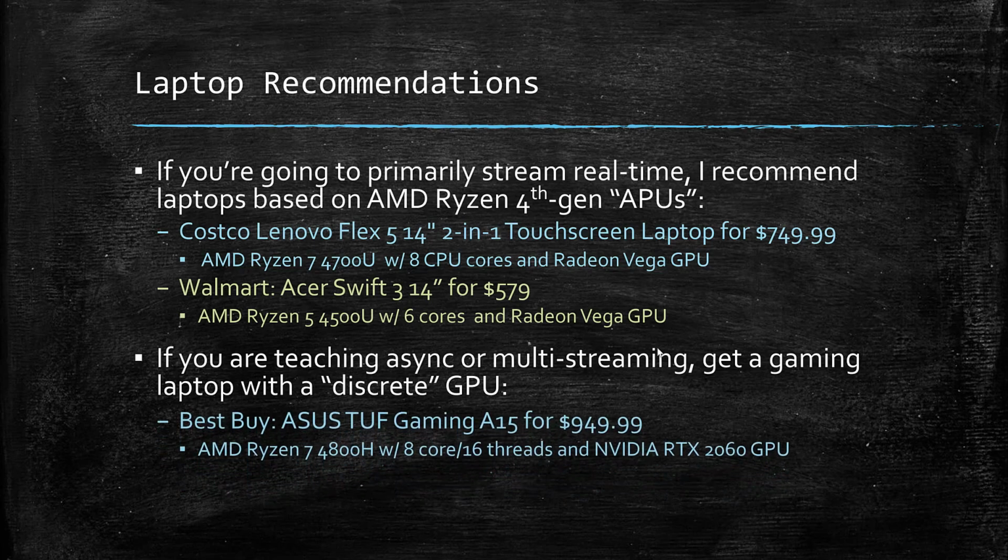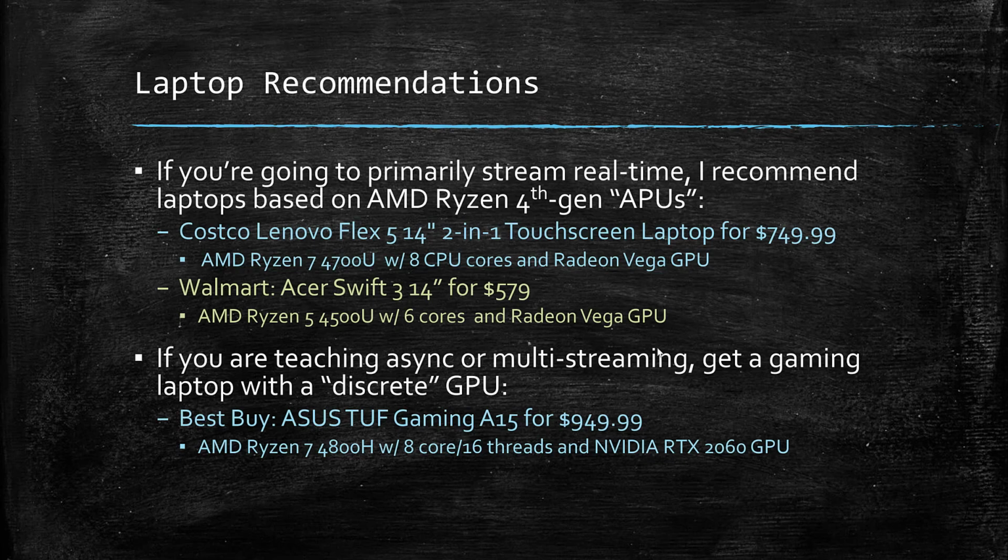Matter of fact, my first choice is there's an Asus Tough Gaming A15 machine. Now, this is going to be more expensive. It's going to be about $200 more than the Lenovo Flex 5 we were talking about above. But that's because you're getting a video card that's pretty much current generation. It's an RTX 2060. It's not the fastest video card. You need a desktop machine for that.